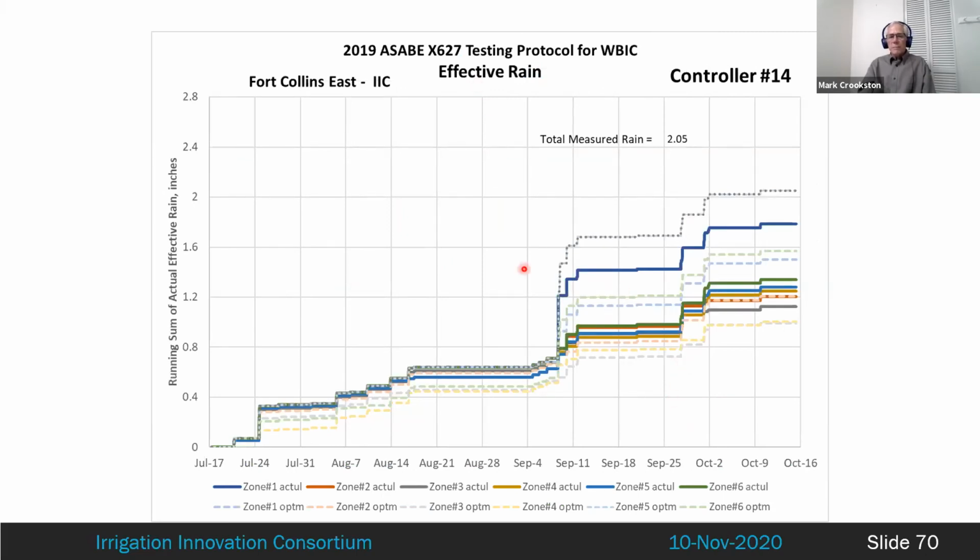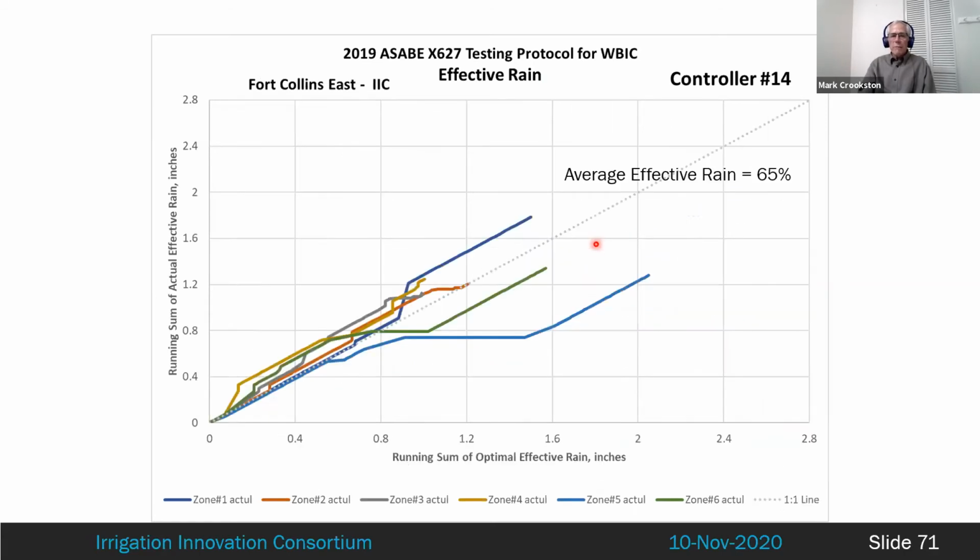So effective rain. Again, the solid line is the actual effective rain. The dashed lines are the optimal effective rain that could be had. The next graph is the one that I tried to allude to that was coming up.